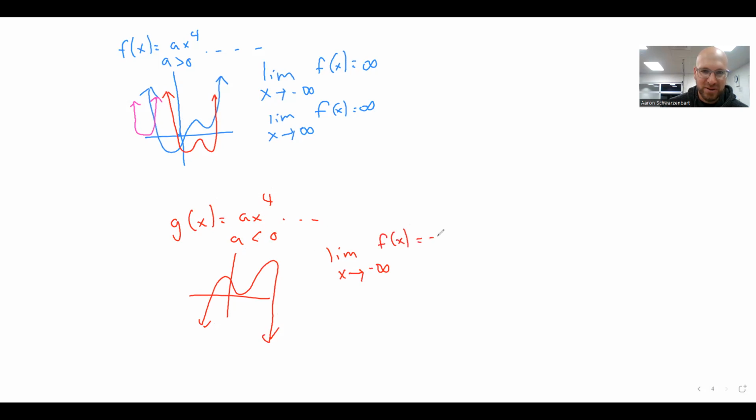And both of my end behaviors are down, down, or I can think of this as both end behaviors are approaching negative infinity. Let's make that a little more clear. Both end behaviors approach negative infinity.